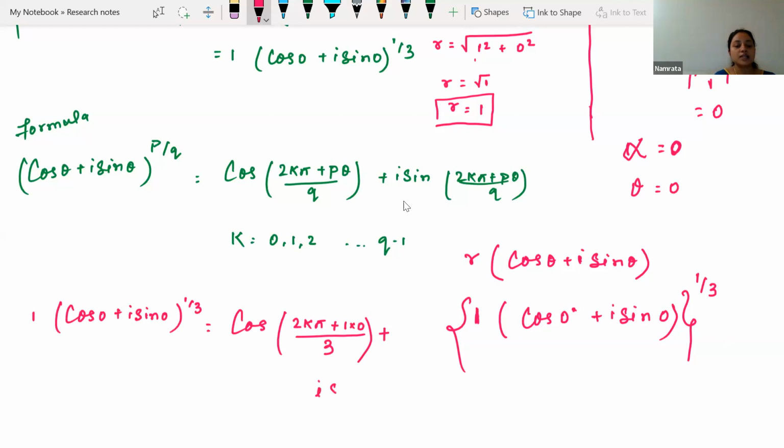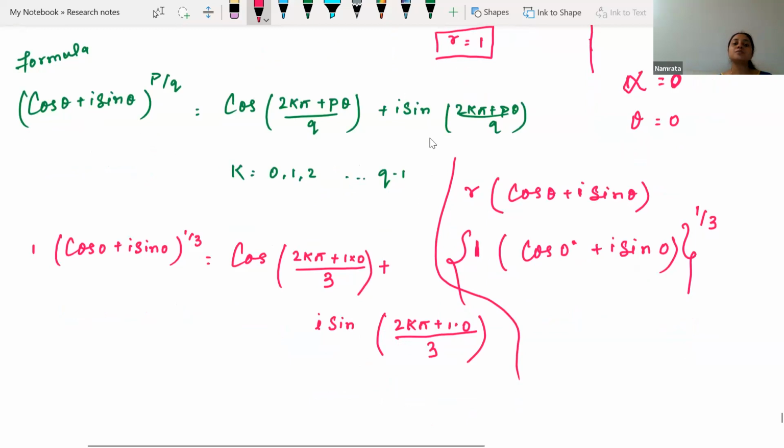Plus I sin (2k pi plus p theta), so again the same thing, 2k pi plus p is 1, angle is 0, by 3. Now k value we are going to put over here from 0. What can be the k value, Lina? 0, 1 and 2. That's it.